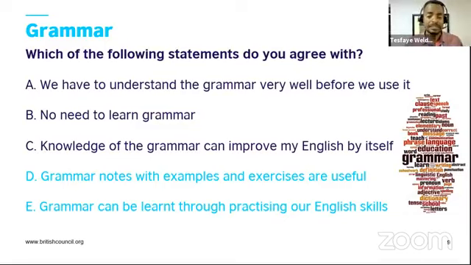No need to learn grammar. Even though our very principle in the British Council is to teach everything communicatively, grammar is one element of what we teach, but we teach grammar through skills. So when we teach you speaking, we incorporate some elements of the grammar. Let's say the teacher teaches you present perfect communicatively. Once you know the rules and everything, then he will create that opportunity for you to use it in class.